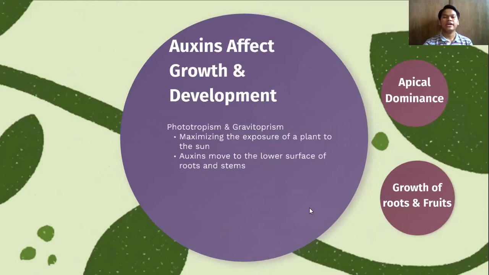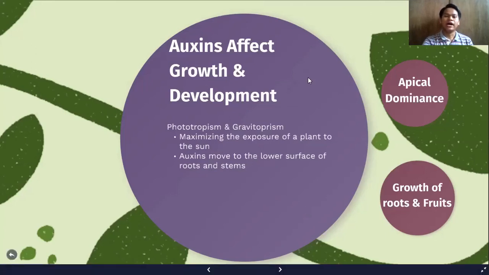We can see that the tip of the coleoptile grows and helps it to get maximum exposure to sunlight. It also affects gravitropism. Auxin will move to the lower surface of the roots and the stem. So we can see that the root will move downward and the shoot will move upward.